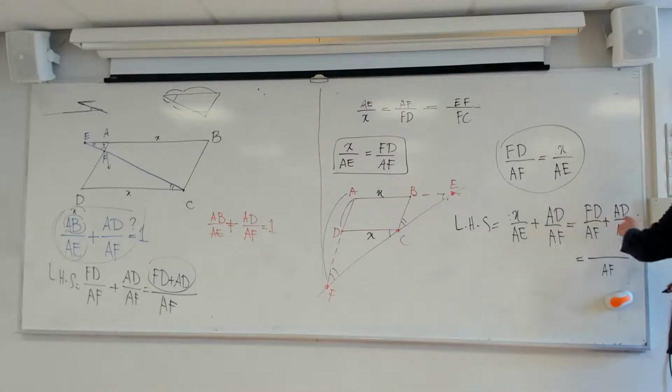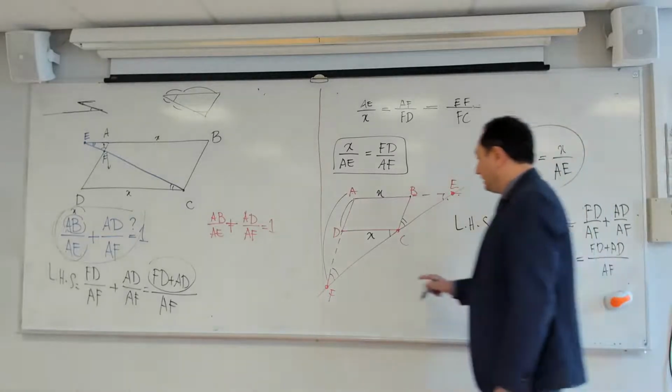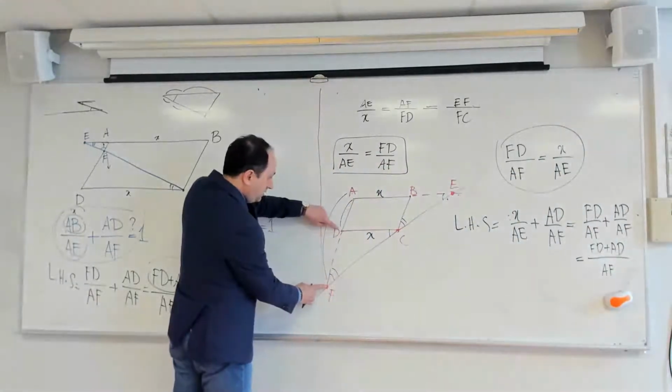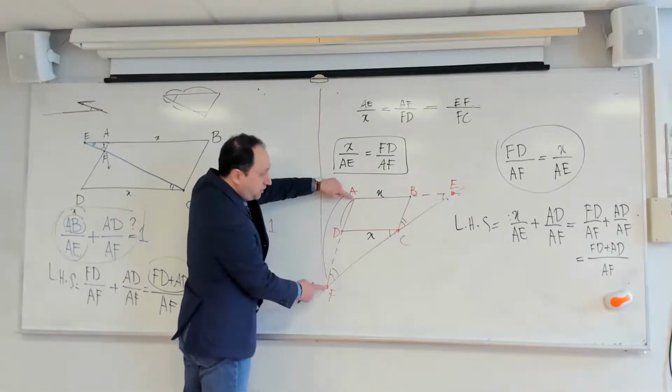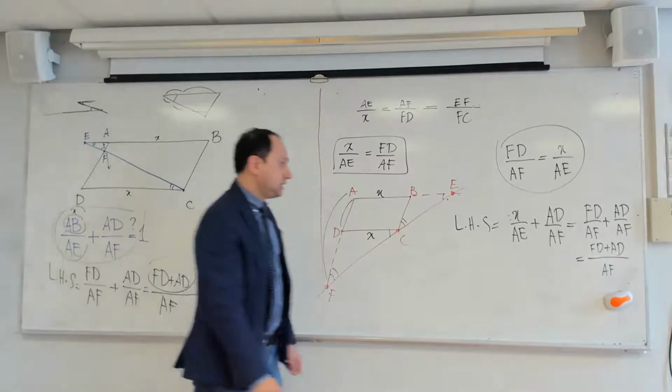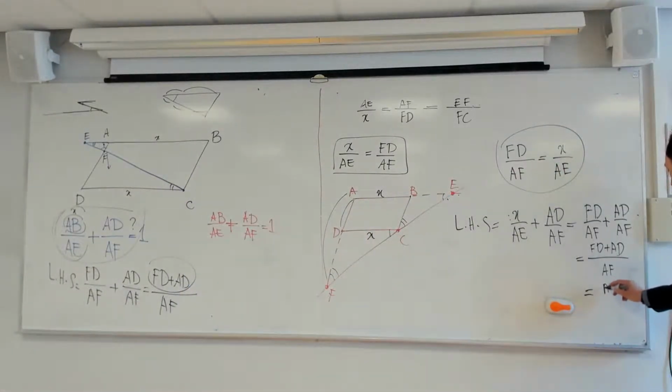And then I am allowed to add them. FD plus AD. But in this new setup, FD is from here to here. And then plus AD, which is from here to here. It becomes the whole AF. Yes? So in the numerator, instead of FD plus AD, I can put a whole AF. And in the denominator, I have AF. And needless to say, whatever AF is, this fraction is equal to 1. And it is the right-hand side.